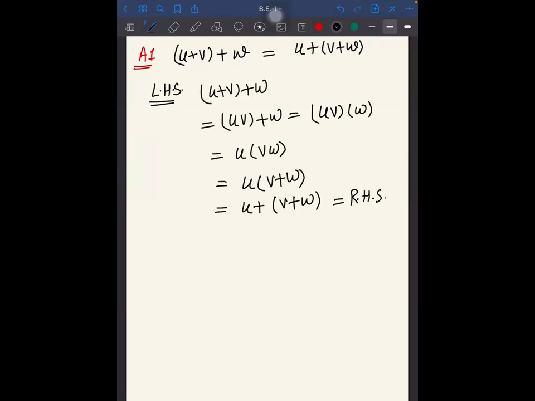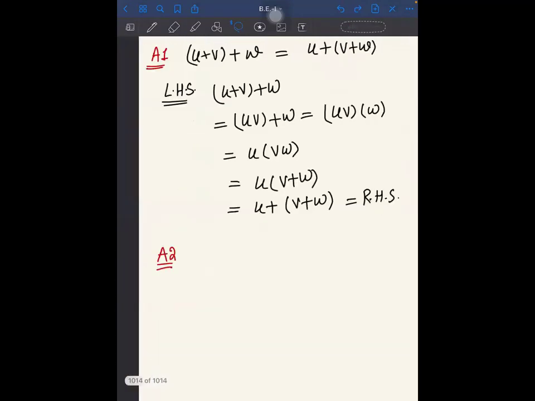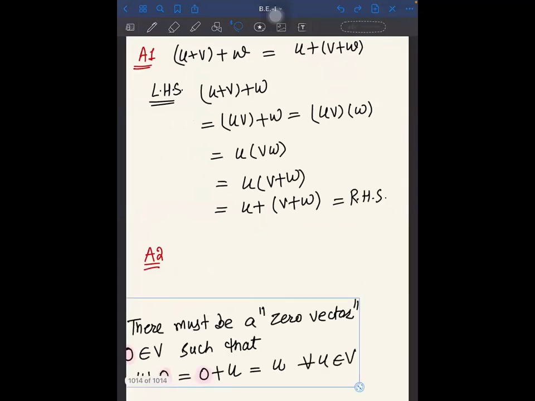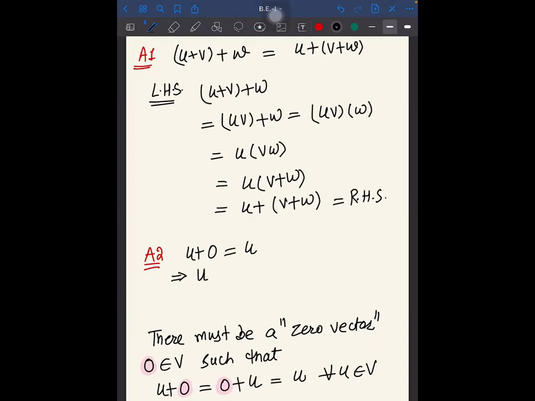Okay, so what is your A2? Getting the identity element, right? So the zero vector doesn't mean that it has to be zero. We are naming it, or you may call it, the additive identity, right? So how can you find it in this case? u plus zero should be equal to u. That means u dot zero should be equal to u.